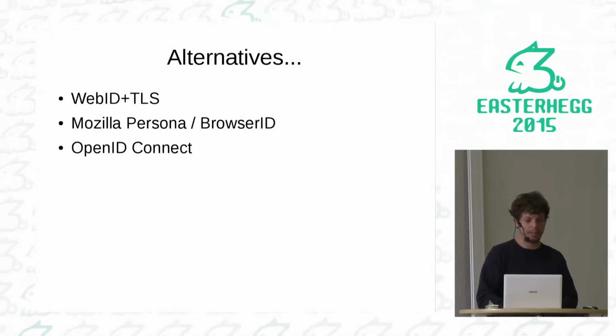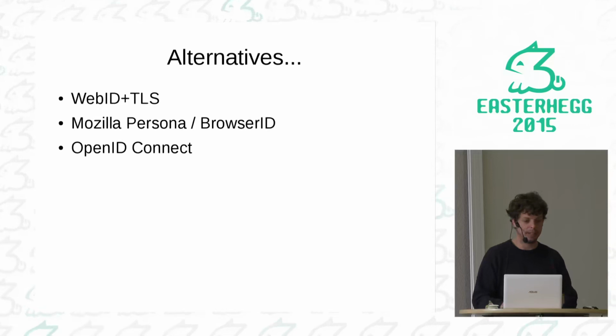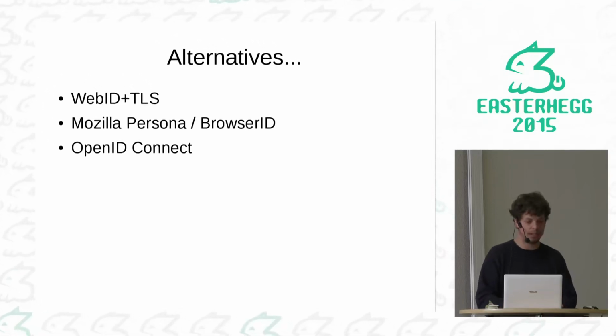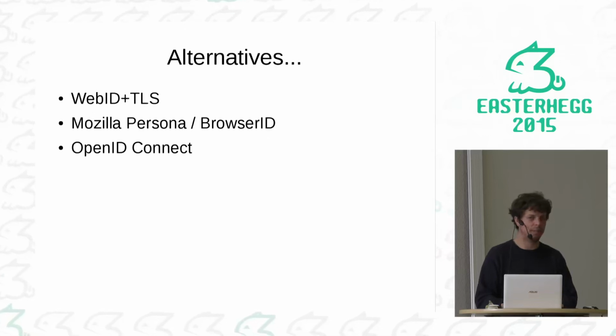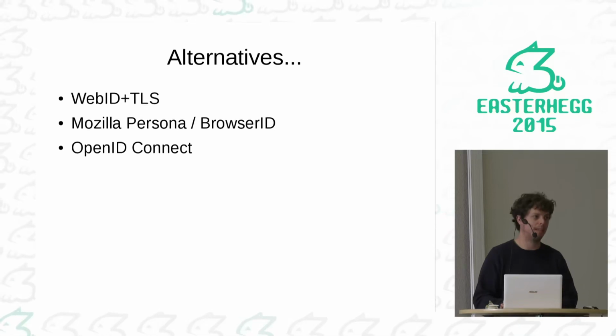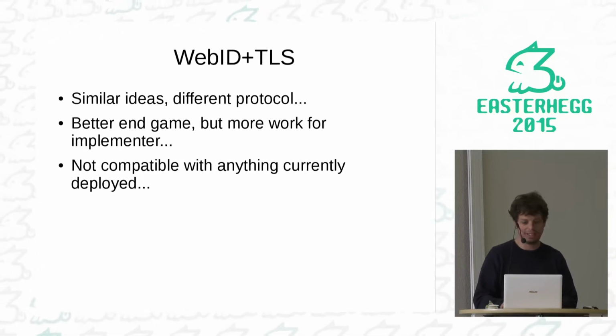Mozilla Persona, Browser ID, which works based on your email address instead of your domain name. And OpenID Connect, which is very similar to IndieAuth, but it's a bit more of an enterprise-y standard nowadays. So it includes everything and the kitchen sink.